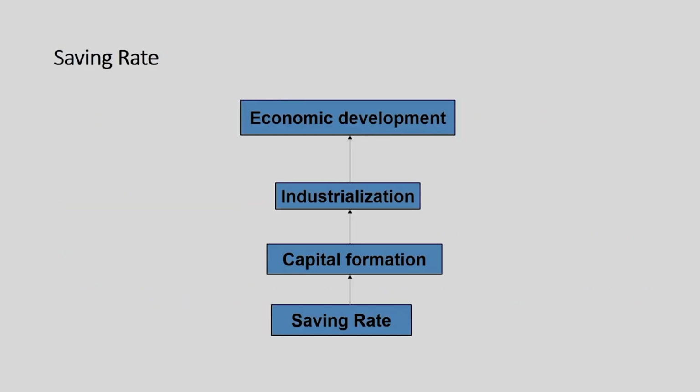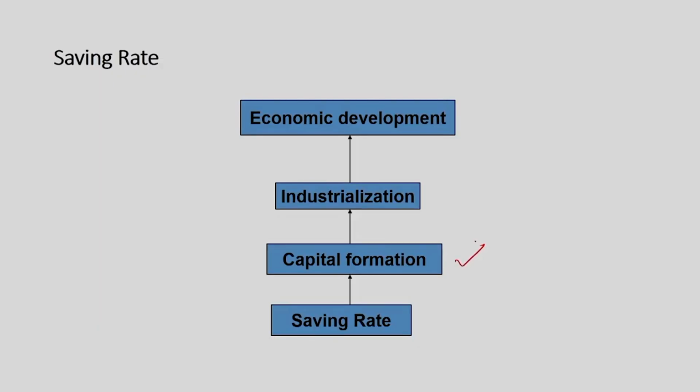Then saving rate. Because of the predominance of manufacturing activities in developed countries, economic development in the early phase was thought to be synonymous with industrialization. Industrialization required capital for building factories, installing machines and operating the factories, for constructing the infrastructure and various other activities required for the sustenance of manufacturing activities.